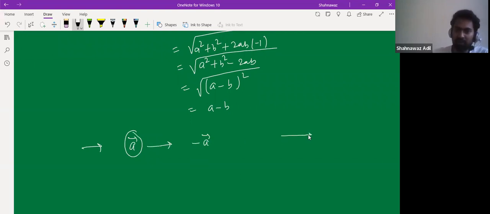So this is a vector, and minus a vector will be like this. It has the same magnitude but opposite direction, so the minus sign signifies the opposite direction. Understood up to this point?